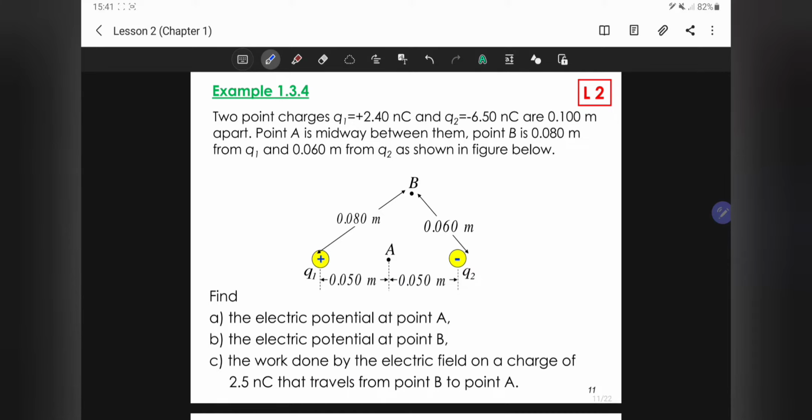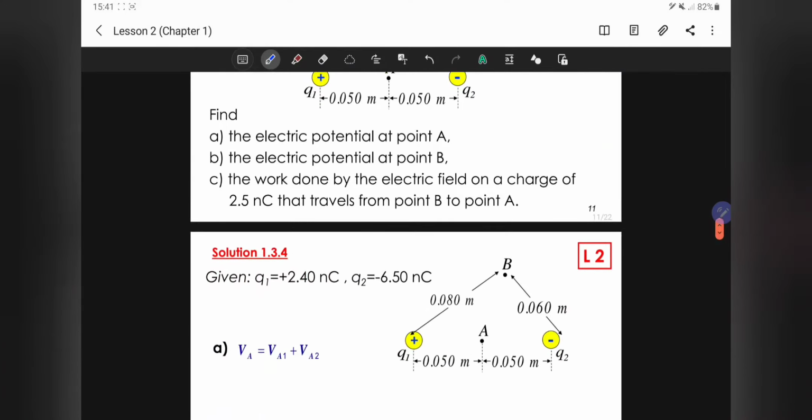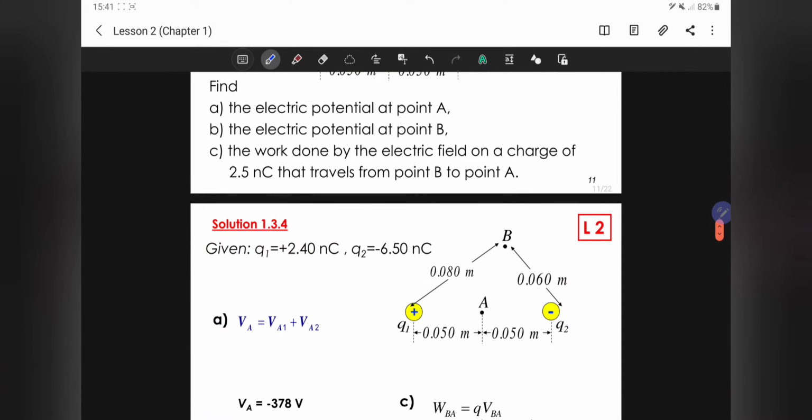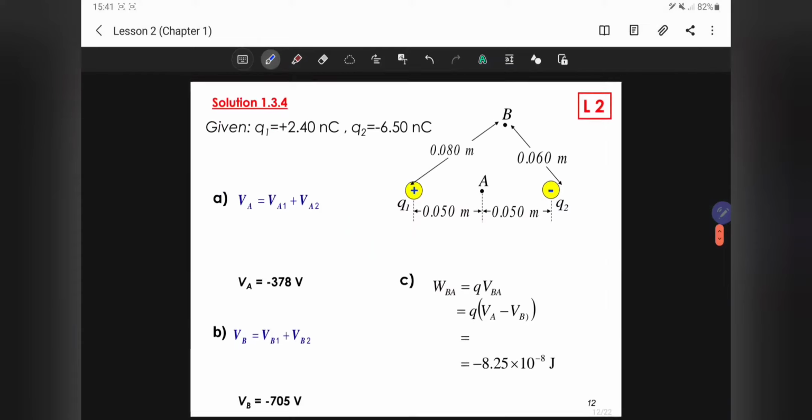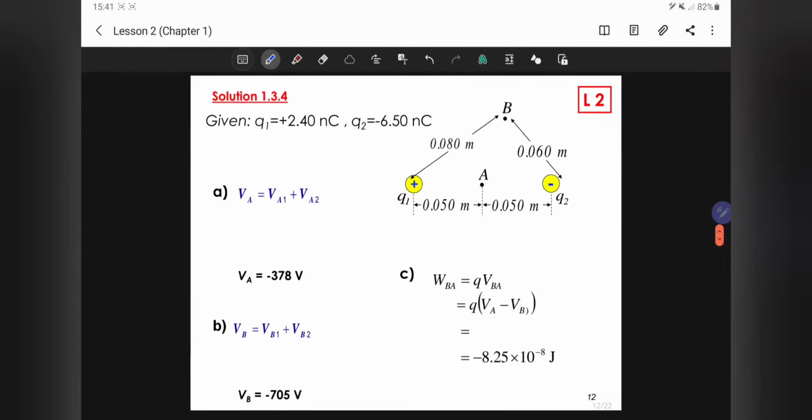Okay, so let's start with the first part, which is A. How do we calculate the electric potential at point A? According to the figure, this is Q1 and this is Q2, and this is the first point given, which is A. The separation between A and Q1 is 0.05 meters, and the distance between A and Q2 is also 0.05 meters.